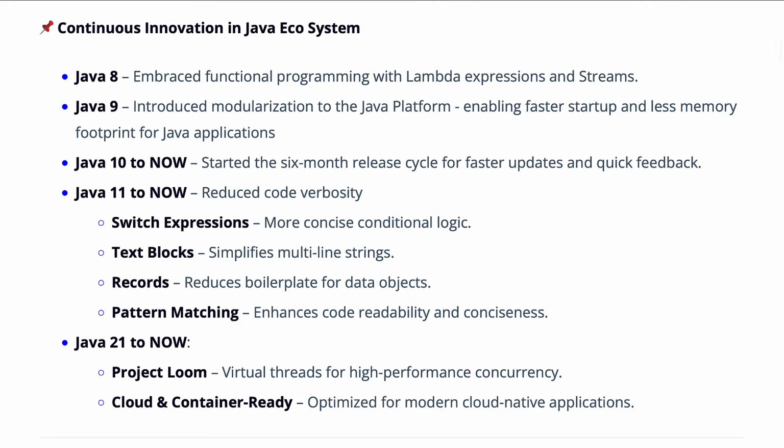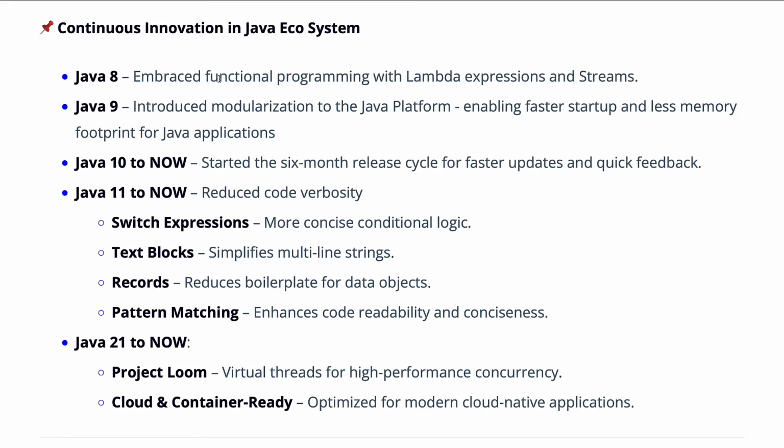Let's talk about the continuous innovation in the Java ecosystem. Java 8 brought in functional programming, Lambda expressions, streams. They made writing functional programs in Java a cakewalk. So in addition to object-oriented programming, you can also do functional programming in Java starting Java 8.